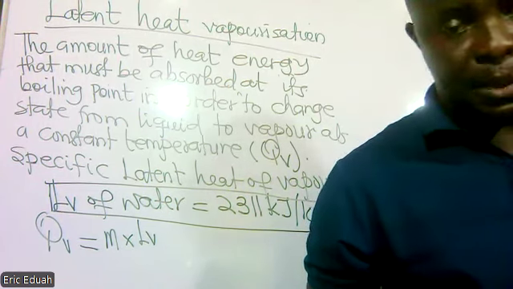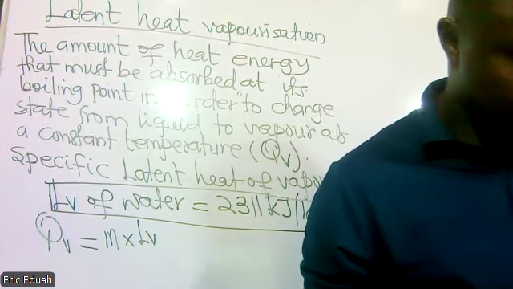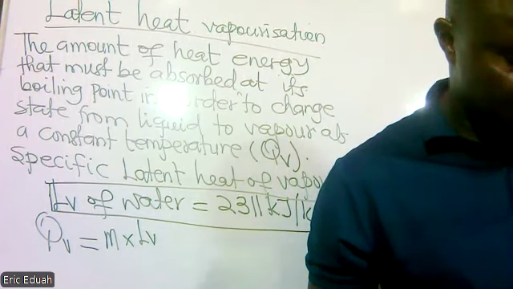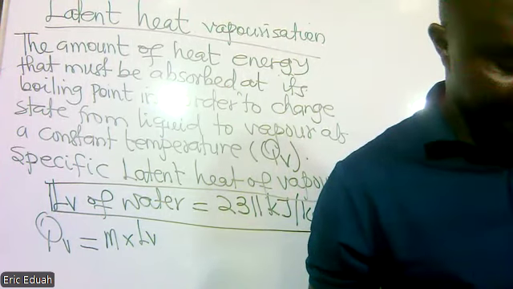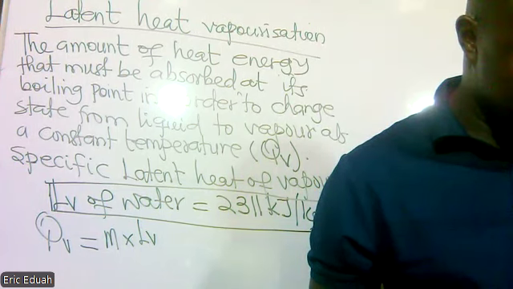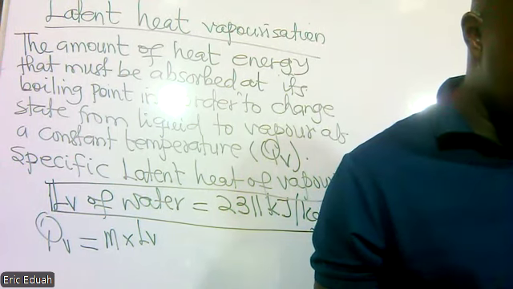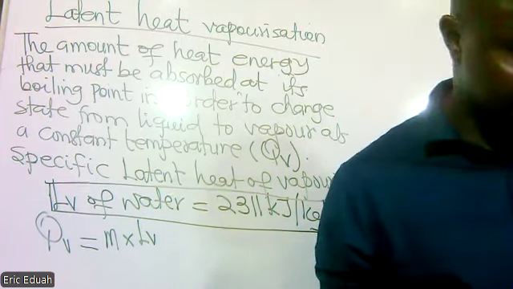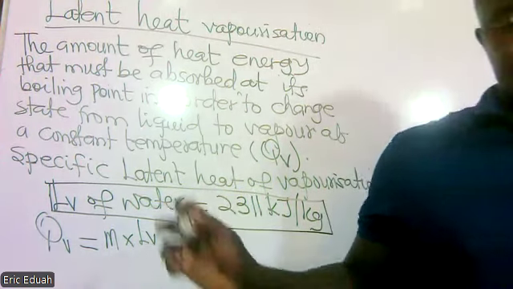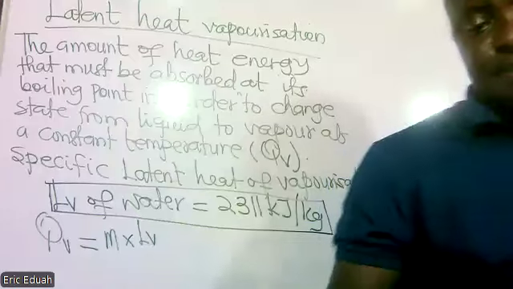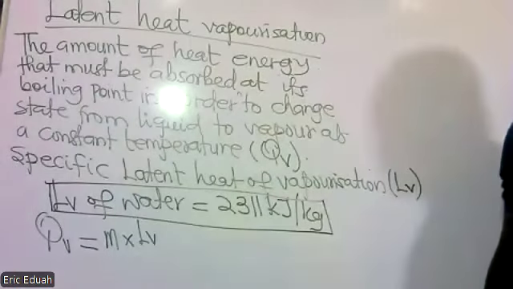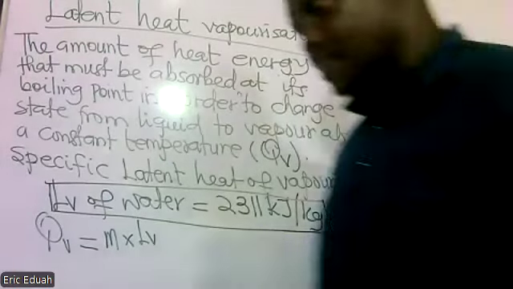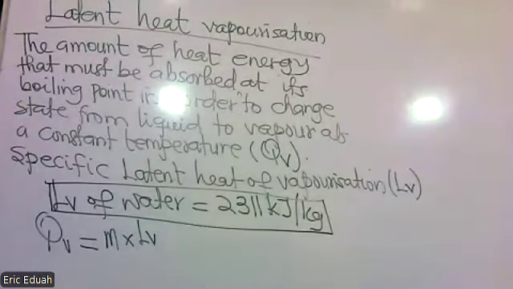The specific heat capacity of water, 4.2 kilojoules per kilogram per Kelvin. And the specific latent heat of vaporization of water is 2,311 kilojoules per kilogram. That is your assignment.